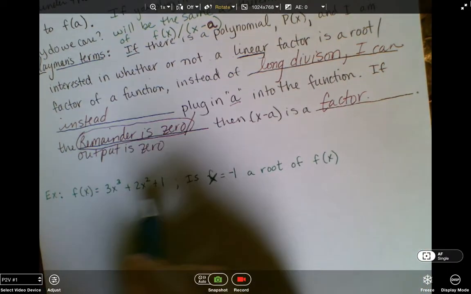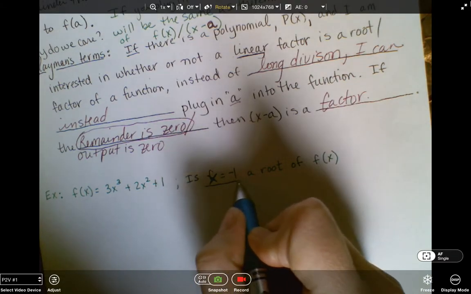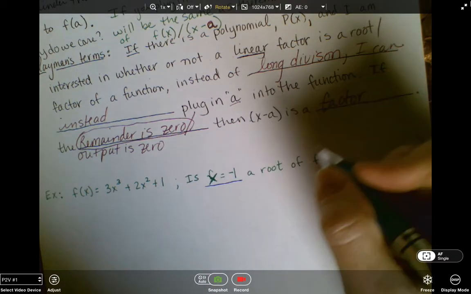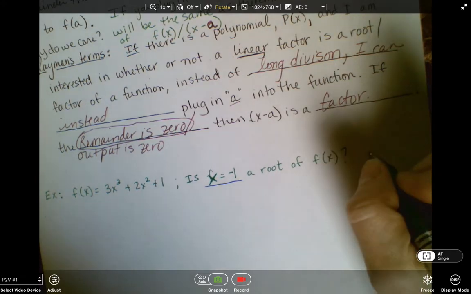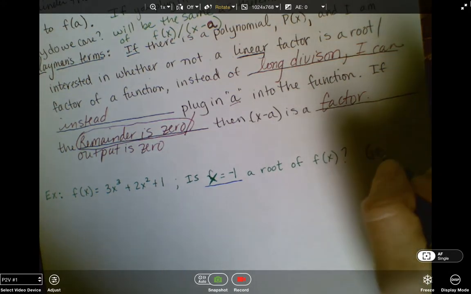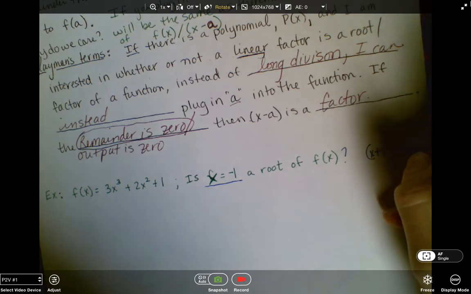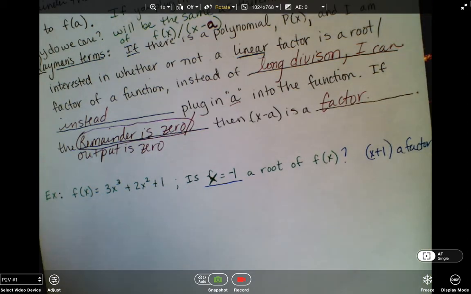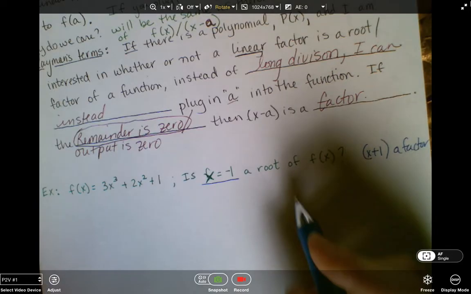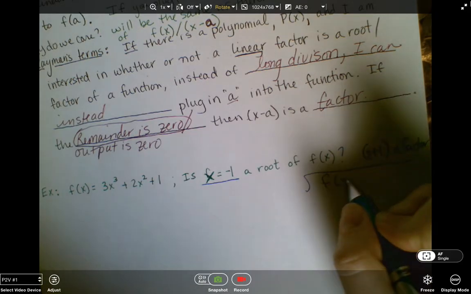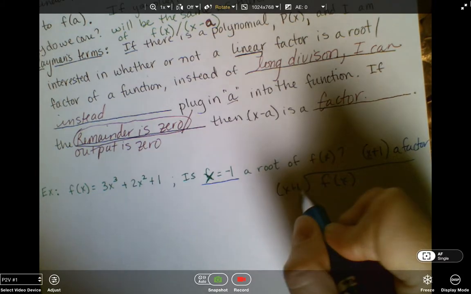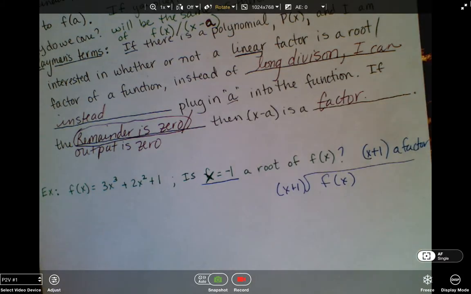So here's a polynomial, and we want to know, is x minus 1 a root of f of x? In other words, we're asking, is x plus 1 a factor? We could do what we were doing before, which is take and divide this whole long thing, f of x, by x plus 1, but that is not fun. We've all done that plenty now.